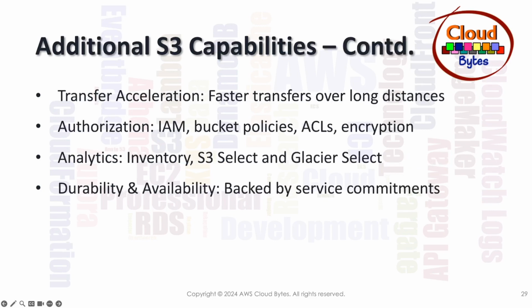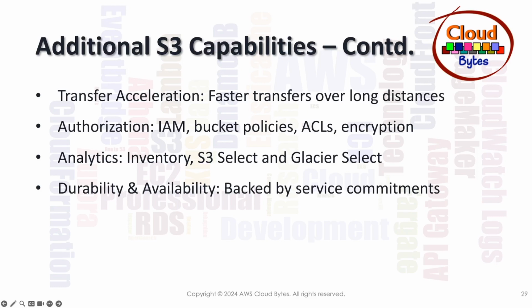Let's look at a further continuation of additional S3 capabilities. Transfer acceleration uses CloudFront edge locations for accelerated transfer over long distances. It is helpful for large object transfers across regions. Then you have authorization. You have IAM, bucket policies, ACLs, and encryption, which allow granular access control and encryption.